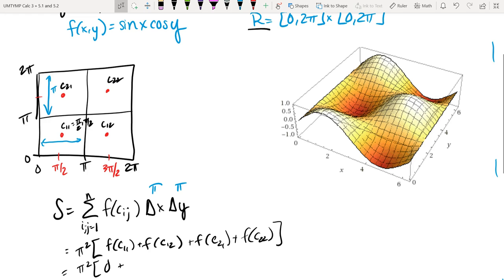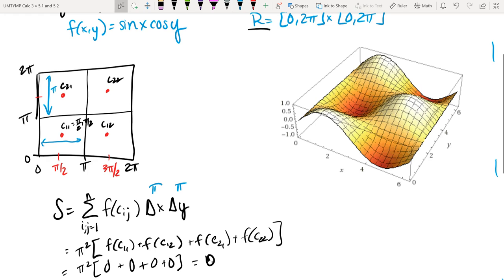So 3 pi over 2 for x, that's negative 1. And then cosine of pi over 2 is still 0. So this is 0. And then for all of these, we're going to end up getting 0. So this time we're just going to get 0.